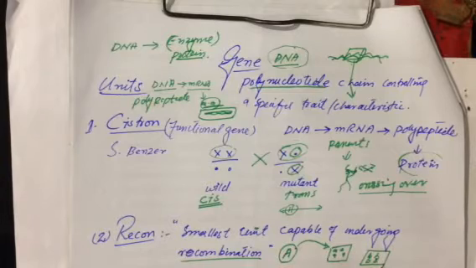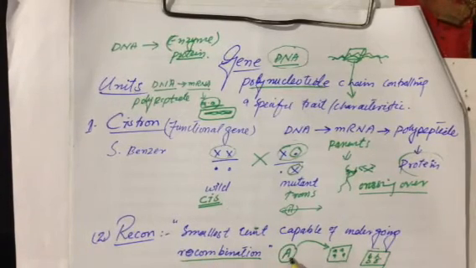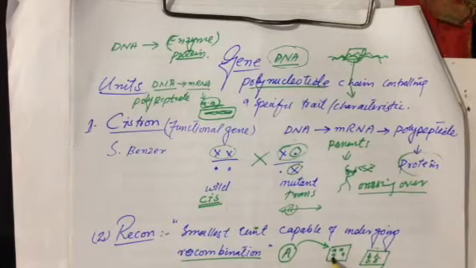So the question arises how it can produce product B, because this bacteria was responsible for production of product A and it has produced product B.